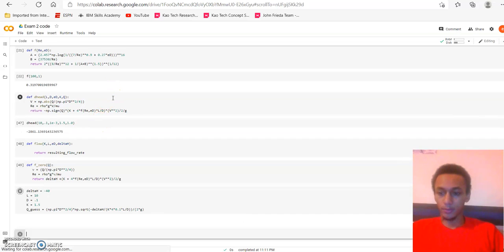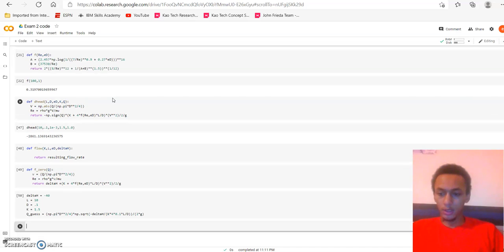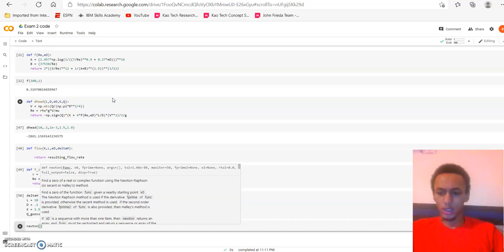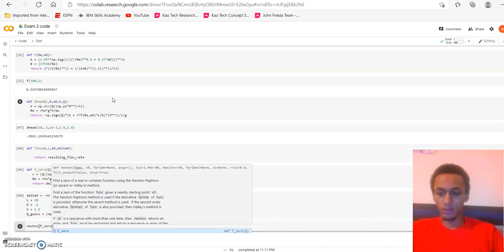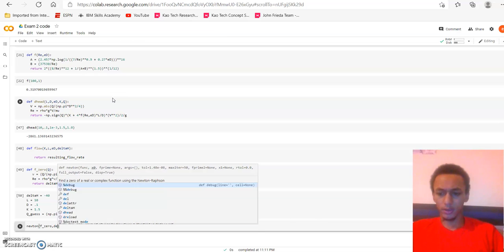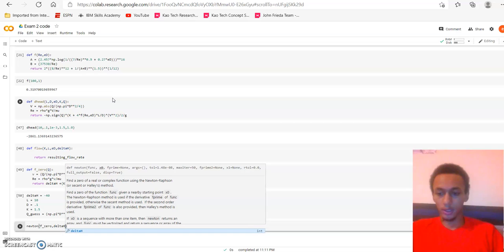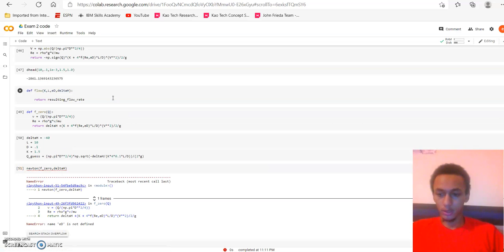Eventually it's going to have to run with both. And now we've got to run the function. So I believe it's Newton. So we have that f to 0. I don't know where the second function is. So delta h. ed is not defined.